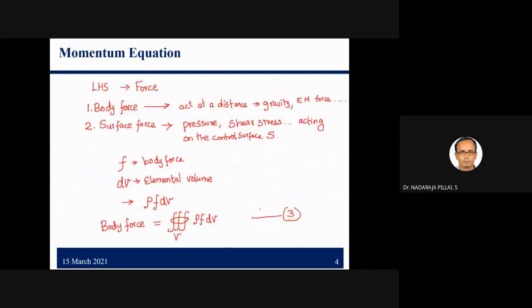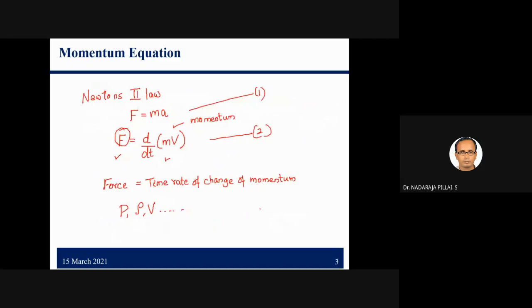Okay, so I will start from here once again. Please listen. We start with Newton's second law of motion: the force F is directly proportional to the time rate of change of momentum.